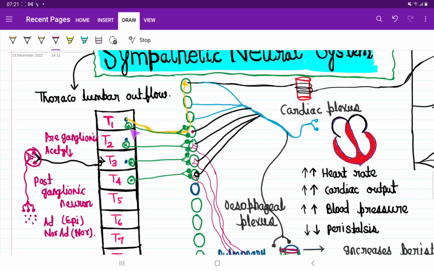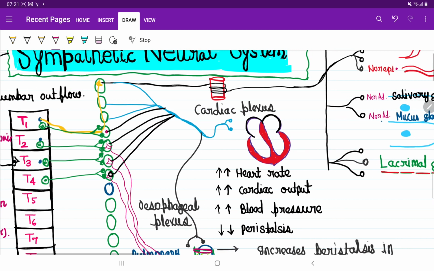Then from the T1, T2, T3, T4, nerves rise. They cross the sympathetic chain, and they form the cardiac plexus. This cardiac plexus acts on the heart, they increase the force of ventricular contraction in the heart.